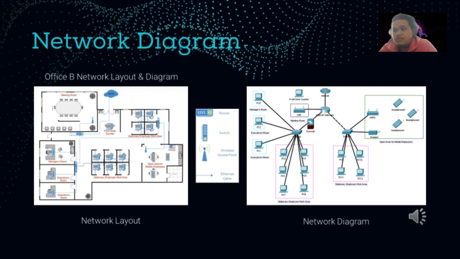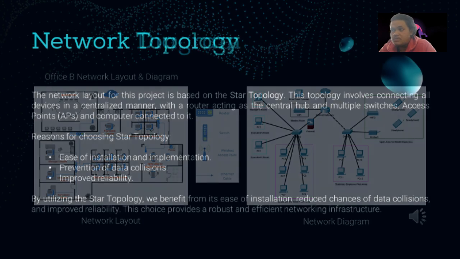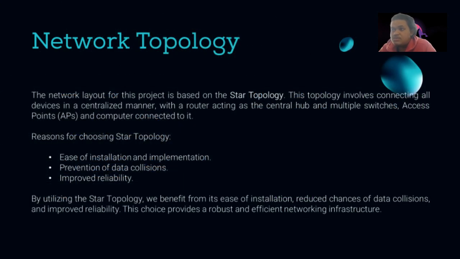This network layout is constructed by applying star topology, which involves connecting all devices in a centralized manner, with a router acting as the central hub and multiple switches, access points, and computers connected to it. The reasons we choose star topology are ease of installation and implementation, prevention of data collision, and improved reliability.